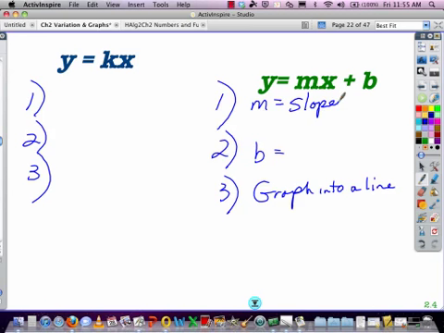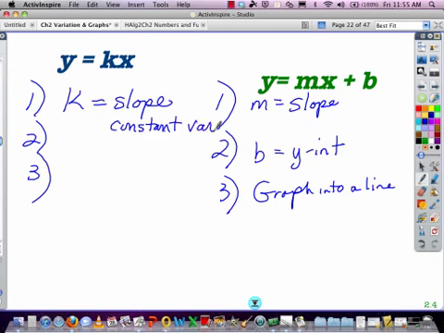B is the y-intercept, where it crosses the y-axis. On this one, k is lined up, and so k is equal to my slope. Some people will also say it's the constant of variation. Well, yes, if we're thinking about a variation equation rather than a linear equation. But we can now say k is in the same position as that slope value.